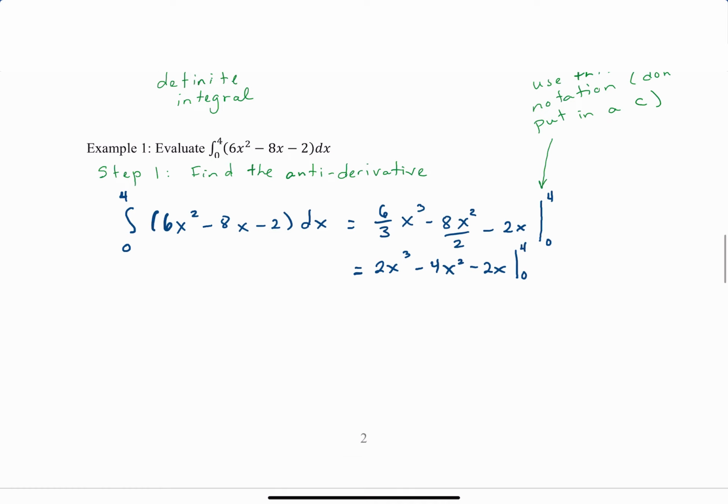Step 2 is to do that plugging in. So step 2 is plug in what's called the limits of integration.